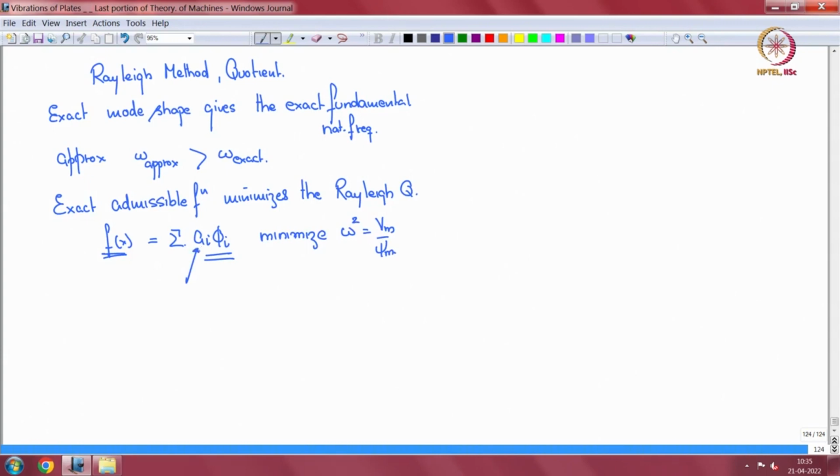Then you will find a set of a i's which when placed in this sum will give a better and better estimate of the mode shape, so that your fundamental natural frequency is better estimated.